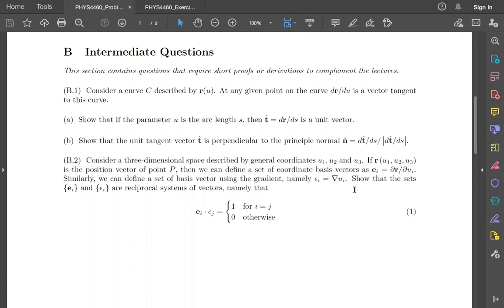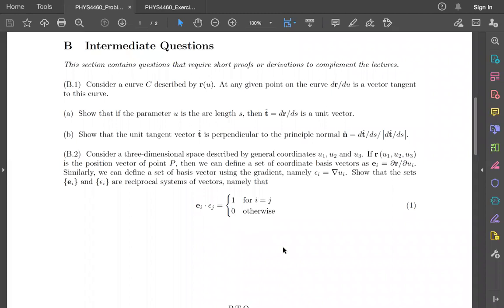It's actually the gradient. So if you write explicitly both of these vectors and then take the scalar product, you should be able to derive the result. It's also pretty straightforward.